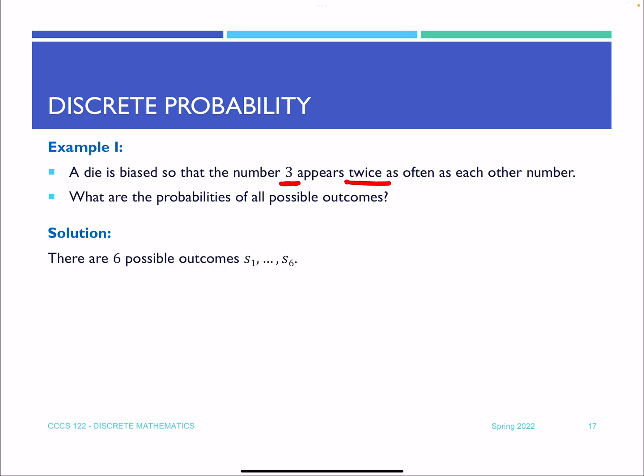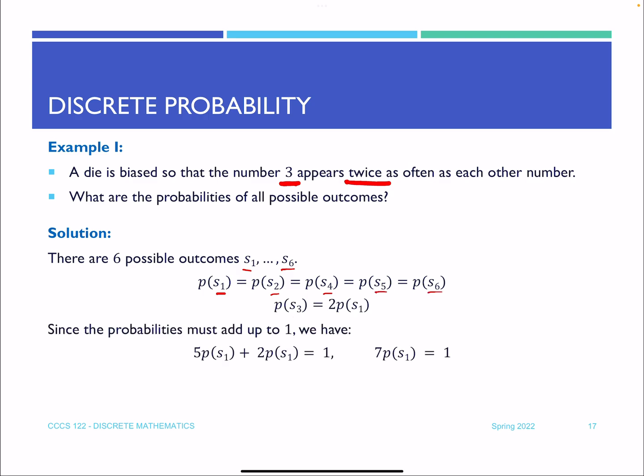Instead of drawing those figures, I'll just call those faces S1, S2, S3, S4, S5, and S6. Now, the probabilities of S1, S2, S4, S5, and S6 are all equal, but the probability that S3 shows up is twice the probability of any other face, and we're just using S1 because all the others are the same.